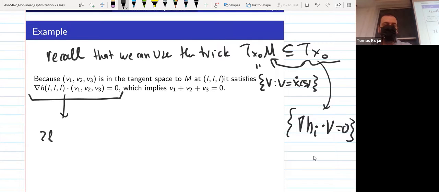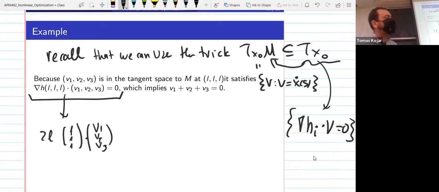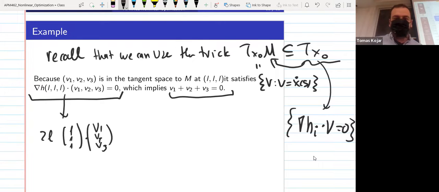It's 2L(1,1,1) times (v1, v2, v3). So you get this times 2L, but 2L is not 0. So you just get v1 plus v2 plus v3 equals 0. Is that okay? Questions?